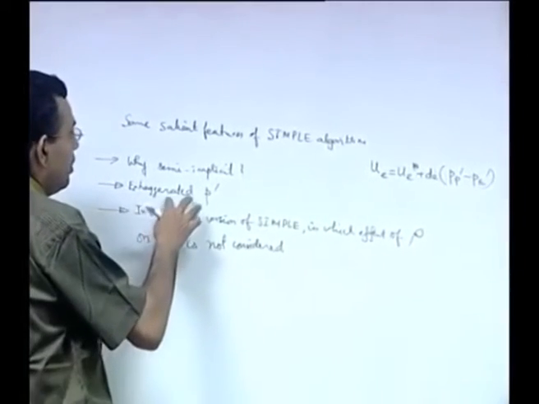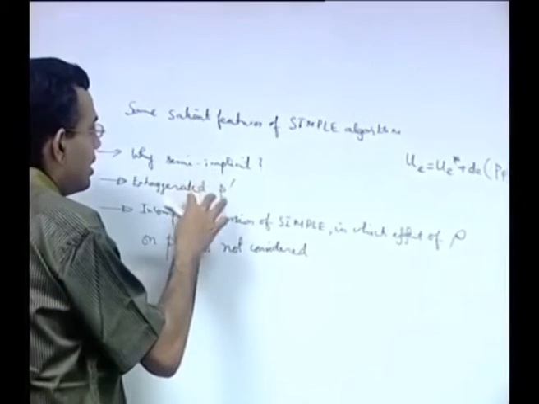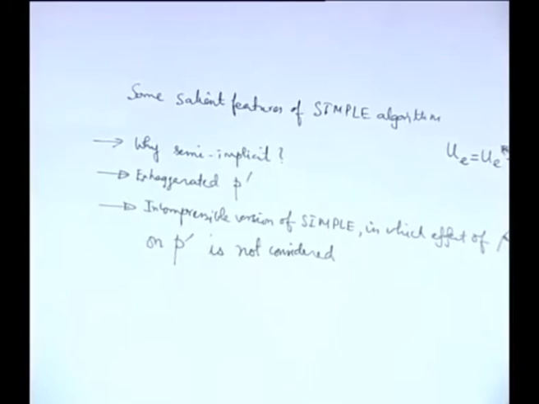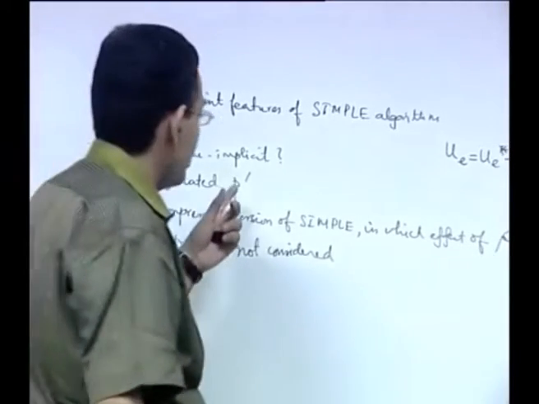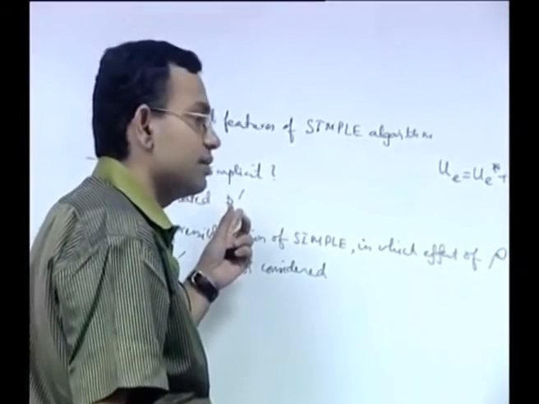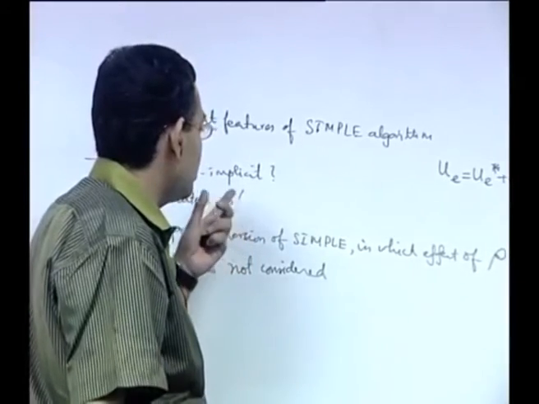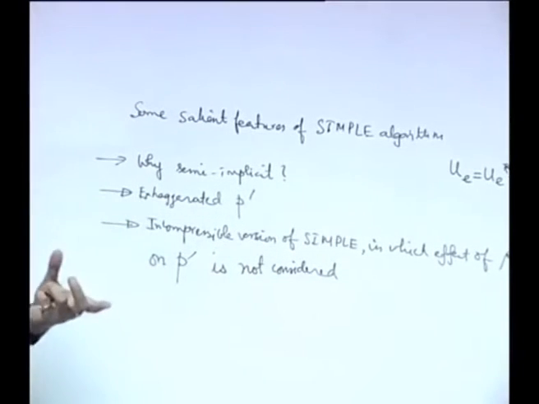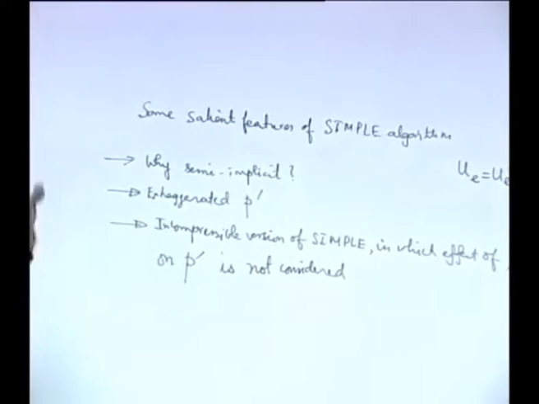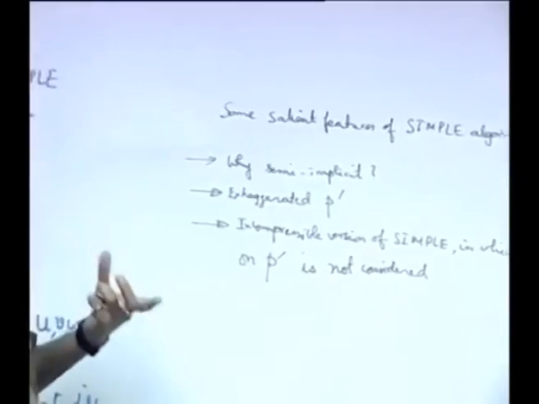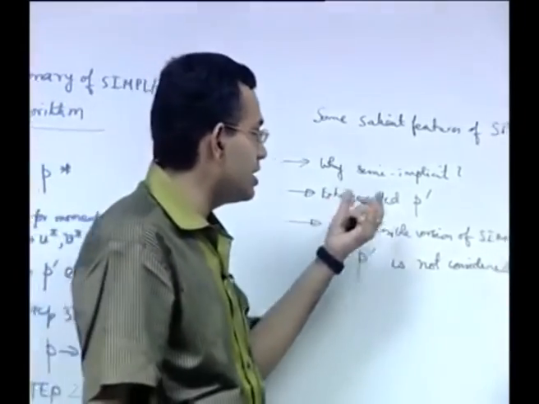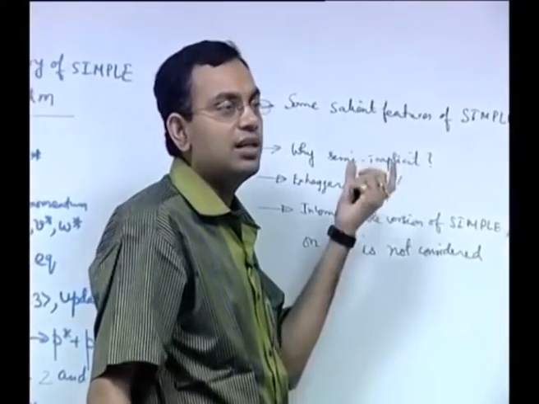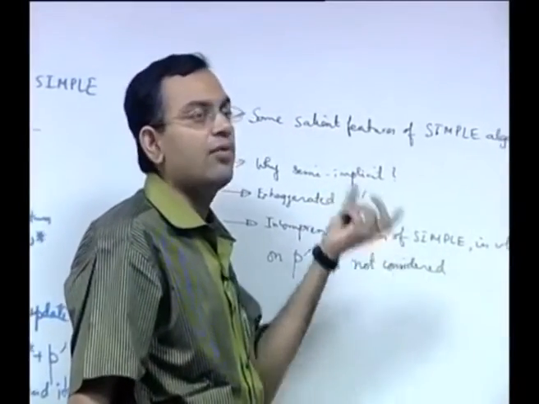Now, when we have an exaggerated pressure correction, the new value of pressure which is predicted on the basis of the pressure correction is always exaggerated from the value that you would have expected. Whatever value of pressure that you would have expected, the correction is more severe in taking it away from that.